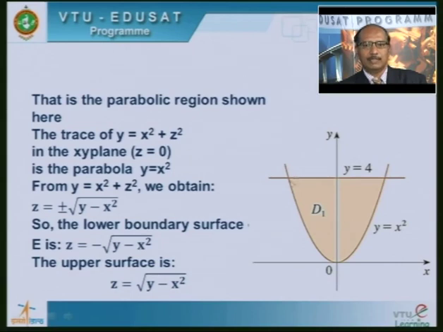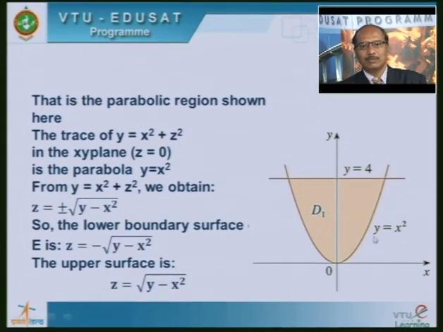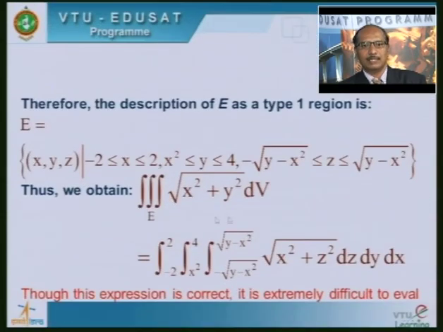So it is not -1, it is -2 to +2. You can verify easily: solving the straight line and the parabola together, put y equal to 4, x square equals 4, x equals plus or minus 2. So the limits of x are -2 to +2 and y limits are functions of x.